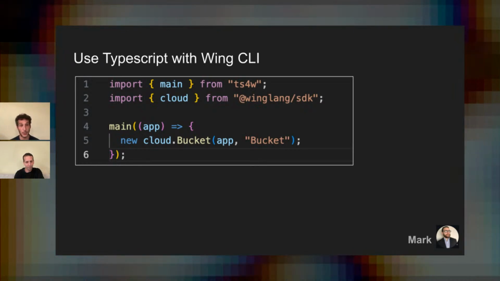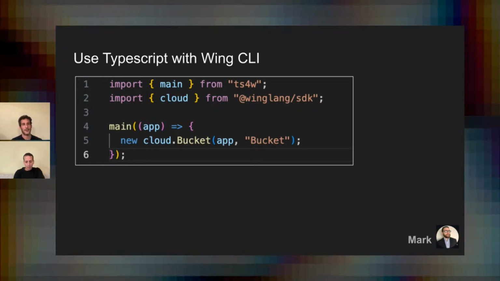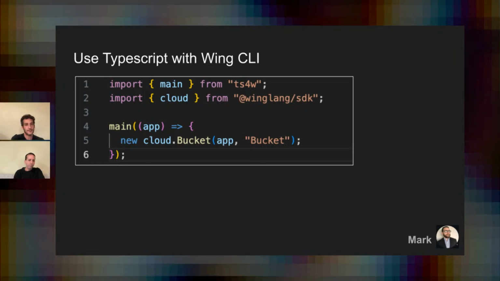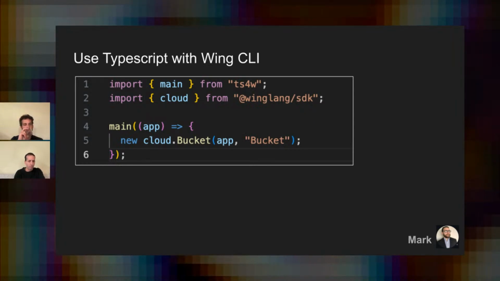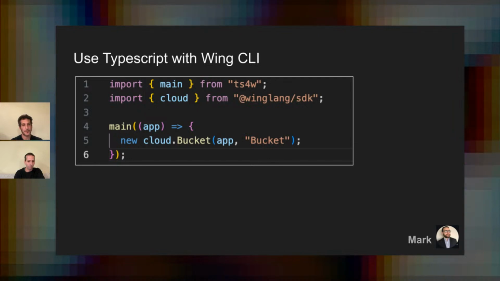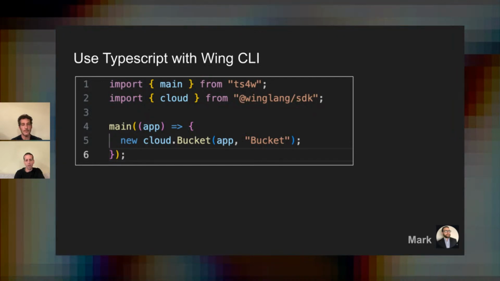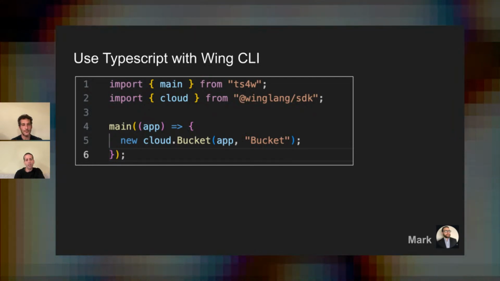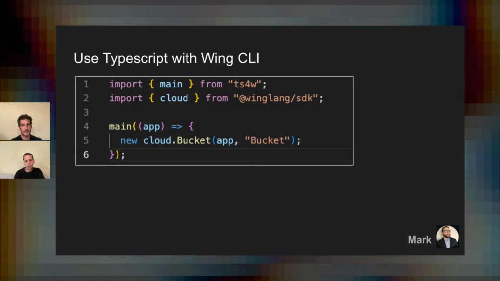Can you talk a little bit about why we are doing this? So as with many other things, there is a lot of value that comes from using the Wing standard library that is not tightly coupled to the Wing language.